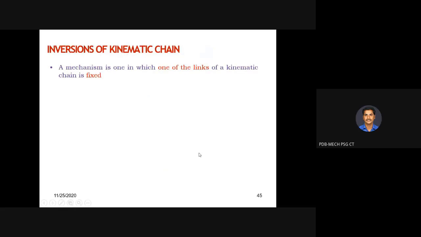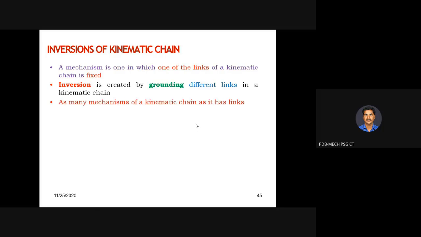Now we move on to the inversions of the kinematic chain, that is the 4-bar mechanism. So what is meant by inversion? Inversion means a mechanism in which one of the links is fixed, and we observe what motions the other links are going to make. We know that we have 4 links in a 4-bar mechanism.